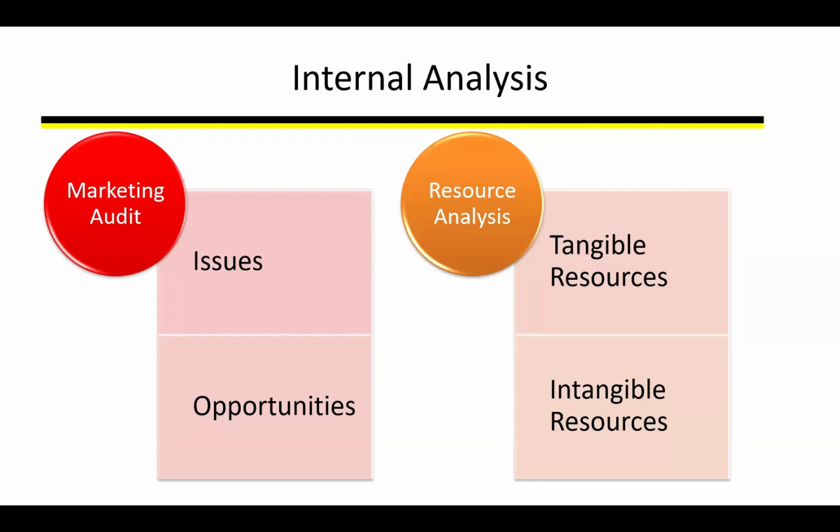There are gaps in distribution. That is an issue for an organization, right? There could be issues like you are continuously getting product complaints. So there is an issue about your product quality, right? So that is what we call the issues, right?